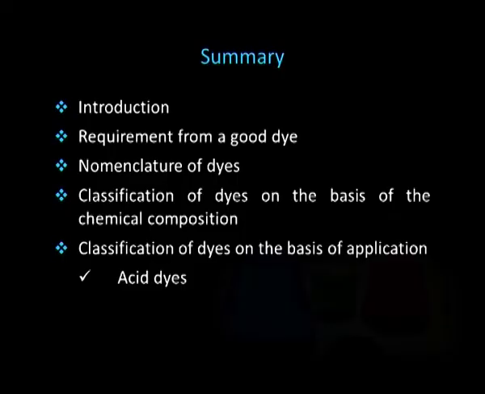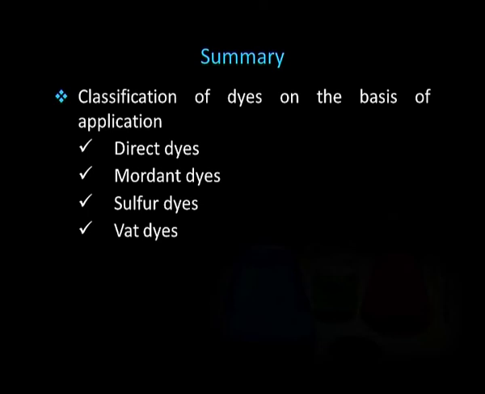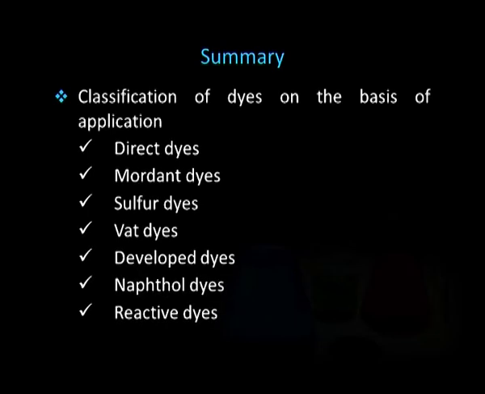We will discuss their structure. In the present one, we have discussed acid dyes, basic dyes, we have discussed azo dyes. Then we have also discussed direct dyes, mordant dyes, sulfur dyes, vat dyes, developed dyes, naphthol dyes, reactive dyes and pigment dyes.